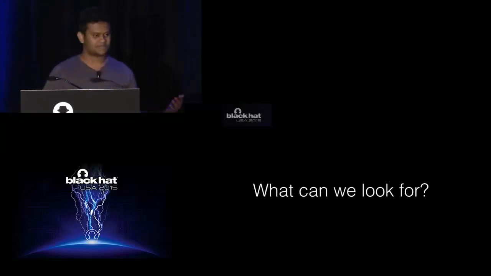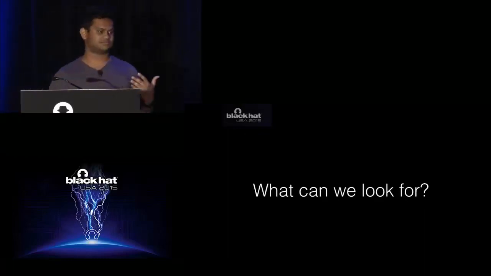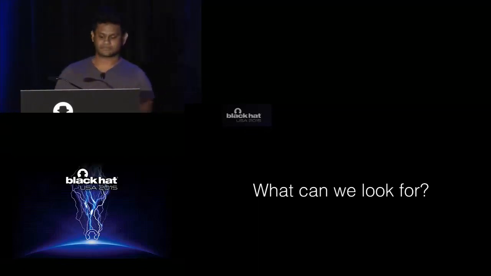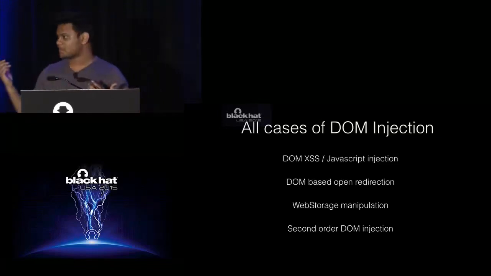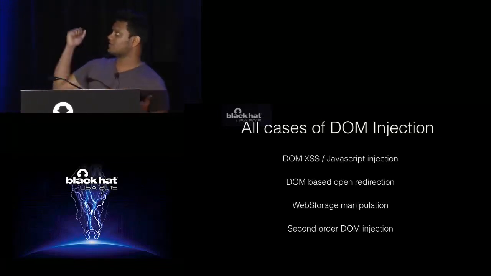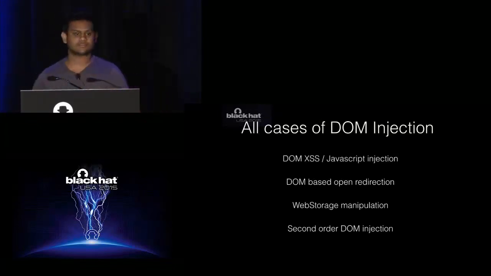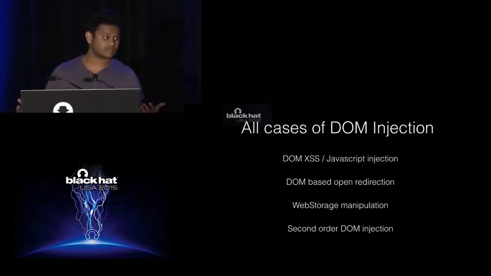There are also various other problems which can be found on the DOM, some logical bugs, or people using methods where it wasn't the appropriate method. So as I said, these are the kinds of things that you can find with DOM injection. You can have something like a DOM-based open redirection, wherein the server doesn't even get to know what kind of redirect you're trying to do.